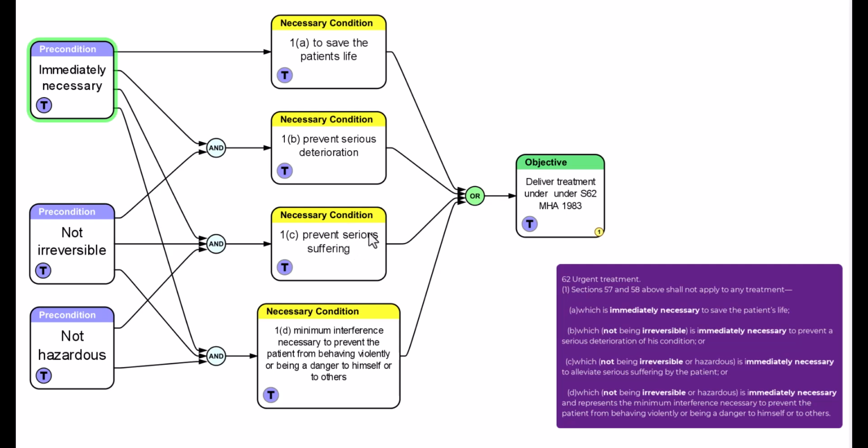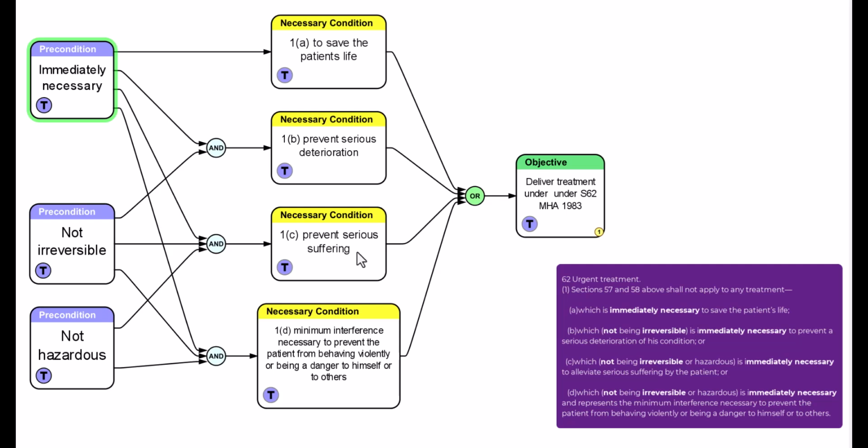But in making a determination on serious and immediately necessary, it's important to document all the relevant evidence very meticulously. So the applicability of the Act would flow from this being satisfied and coming into here.